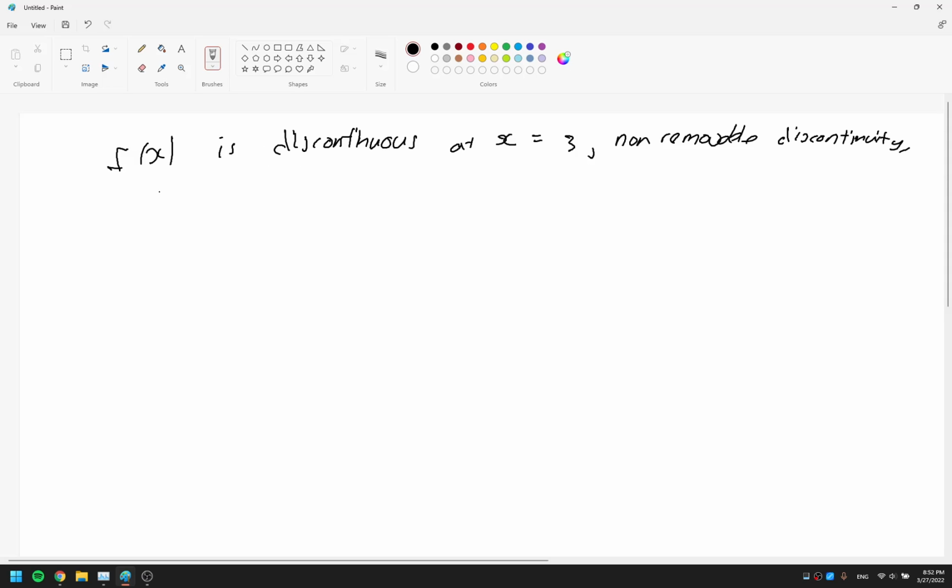The type of discontinuity is a jump, or gap. I'm not sure if you have to specify what type of discontinuity it is, but just in case.